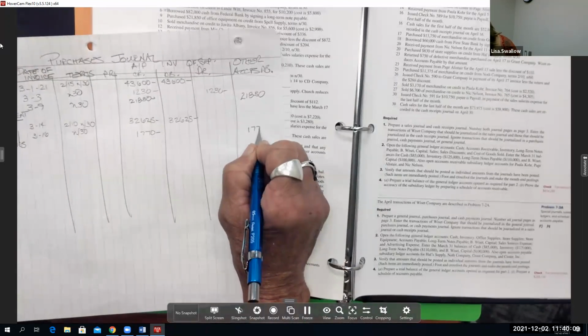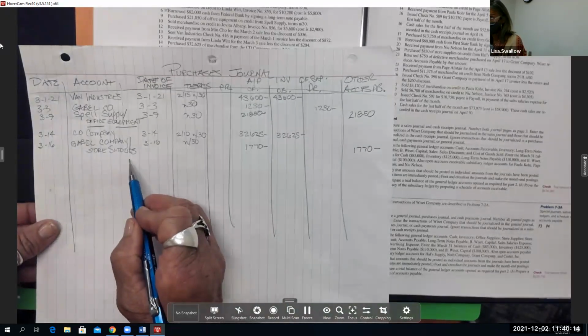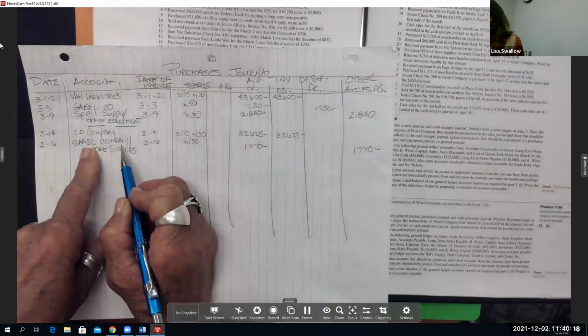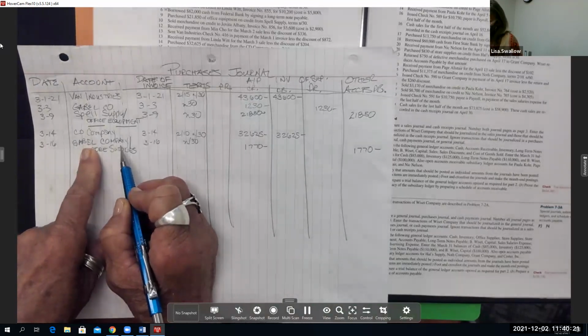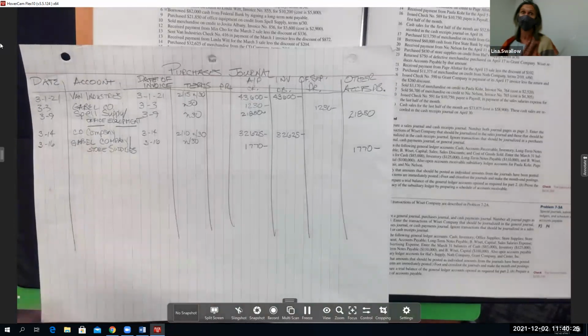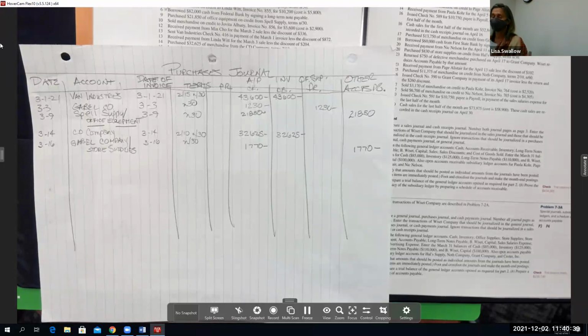Because I don't have a column set up called store supplies, I've got to go to my subsidiary ledger when I post, because I now owe Gable Company $1,770, but I also have to go to the general ledger account when I post, because it's in the column called other accounts. So when you say that, do you mean you have to jump back to the? So we're going to do probably another three or four journals, and then we're going to go post, and I'll show you. Yep. Okay.